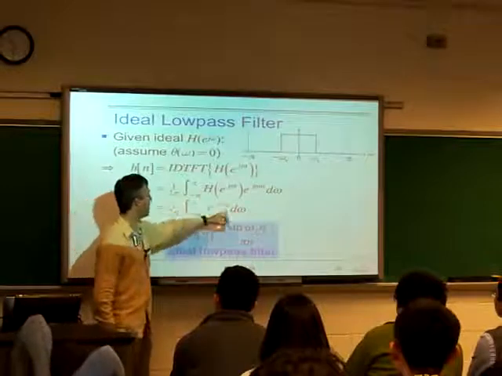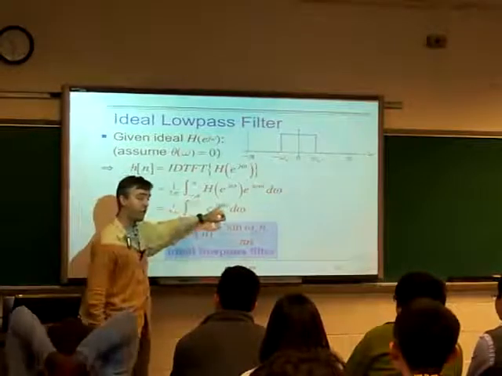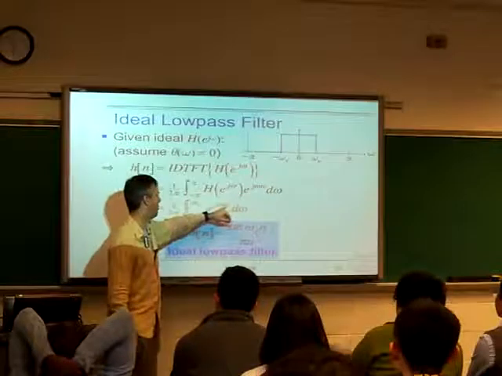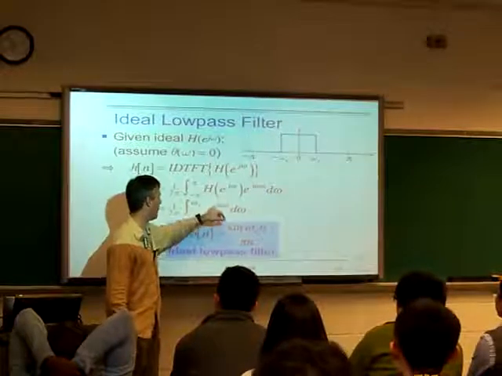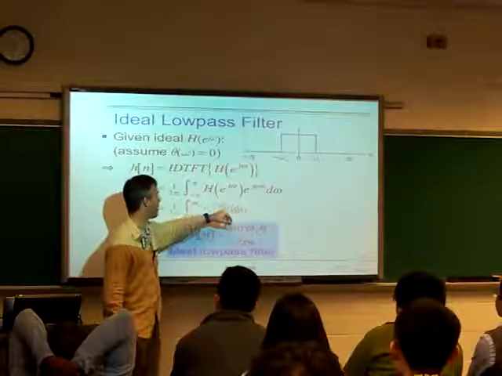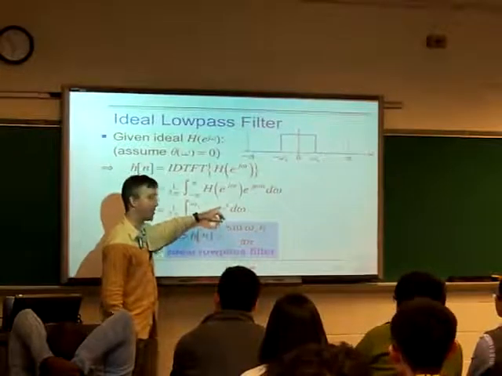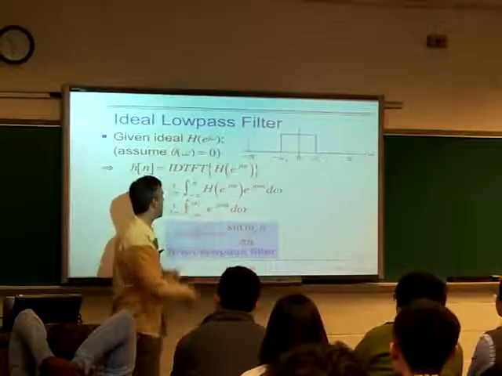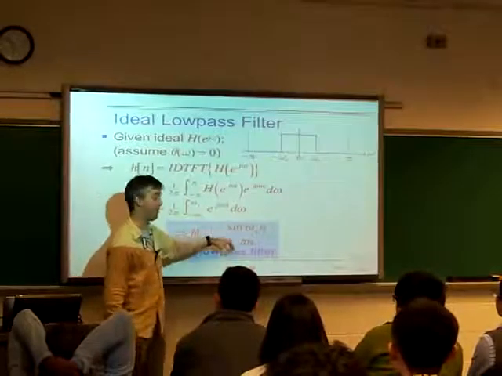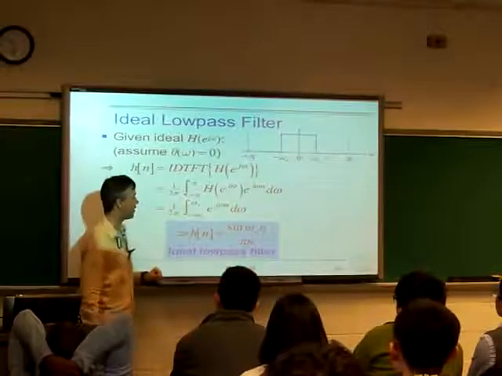This is an integral we've seen before: the integral of e to the j omega n with respect to omega is 1 over jn times e to the j omega n. We take the limits, and we get this sin x on x, this sinc function, coming out.